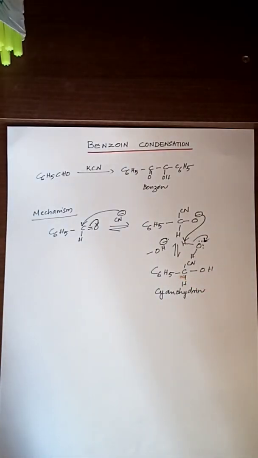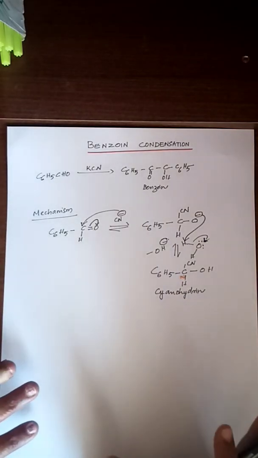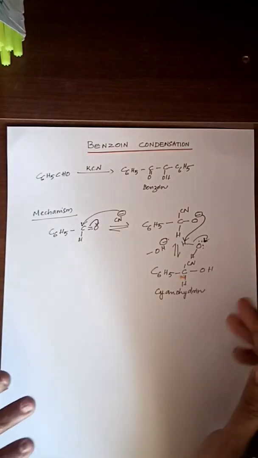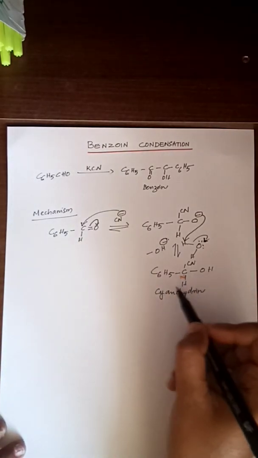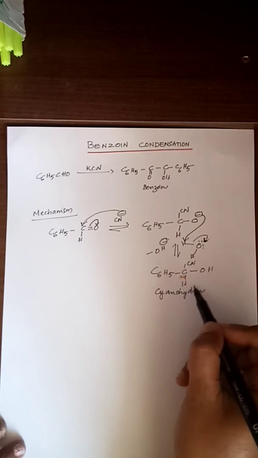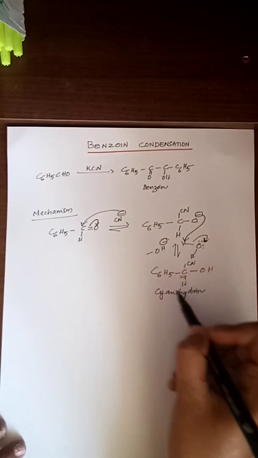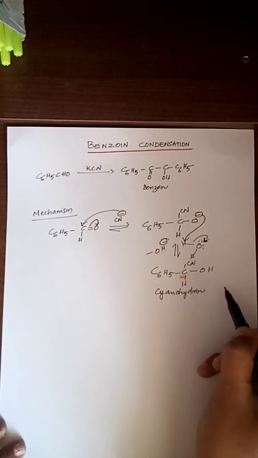The alpha hydrogen attached to a cyanide group is acidic in character, so this can undergo base-catalyzed addition to the carbonyl group. First is the deprotonation of the alpha hydrogen of the cyanide group. Because of this acidic nature, it will move as H plus.